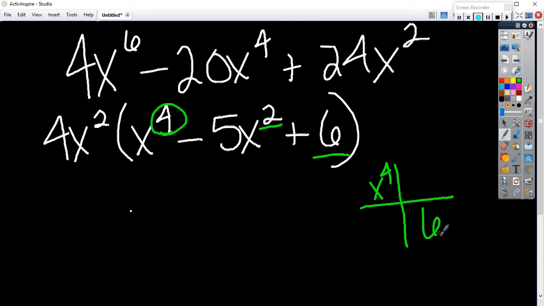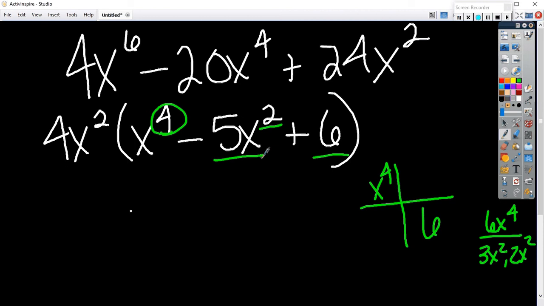Look, now watch. Think about how we add and think about how we multiply. It's got to multiply to 6x to the 4th, but add to a power of 2. So 3x squared and 2x squared, those are like terms, right? If we add them, we get 5x squared.